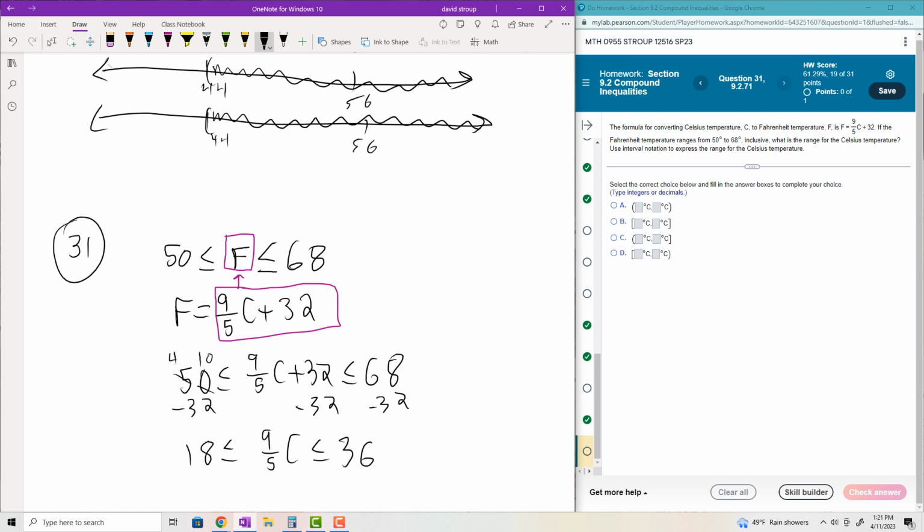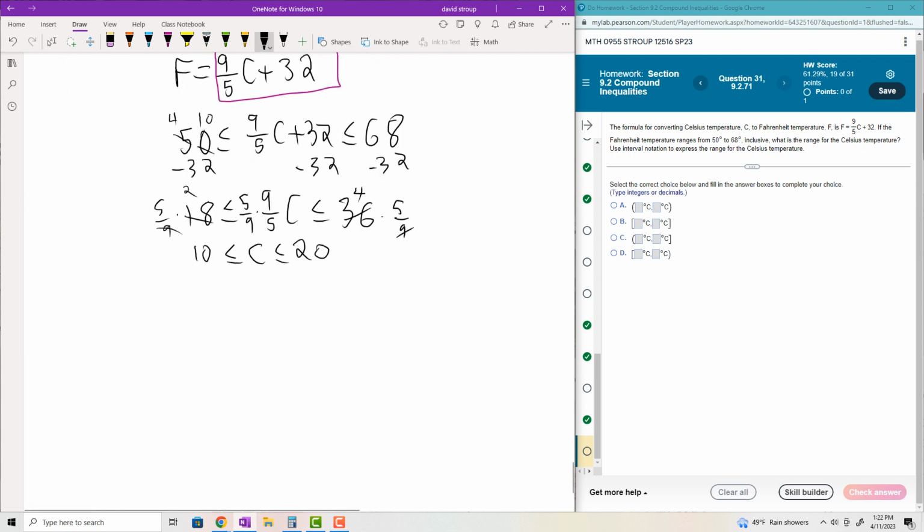And then I'm going to multiply all three sides by the reciprocal of 9/5, which is 5/9. 9 goes in the 18 two times, 5 times 2 is 10. C less than or equal to 9 goes in the 36 4 times, 4 times 5 is 20. So in interval notation, that's going to be including 10, so square bracket 10, and then all the way up to 20, square bracket.